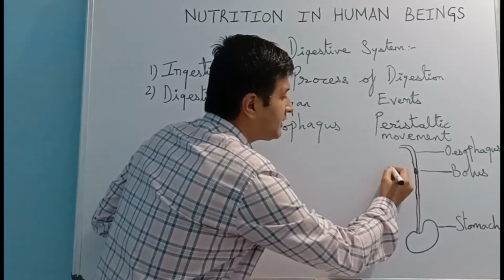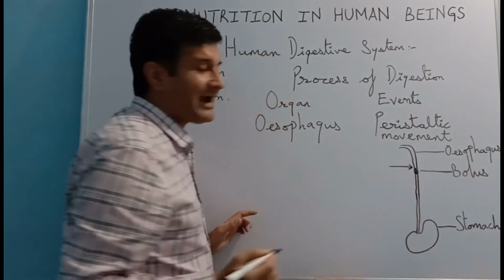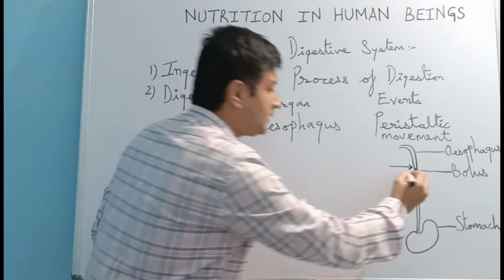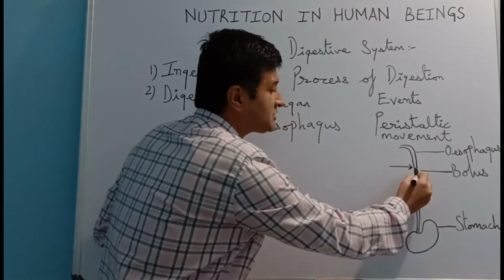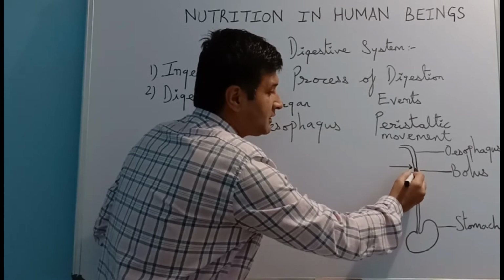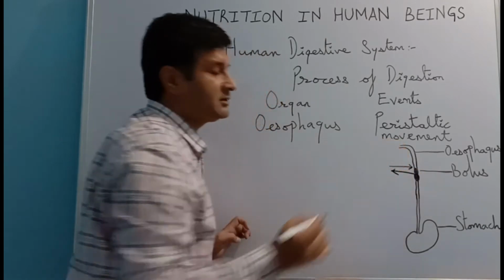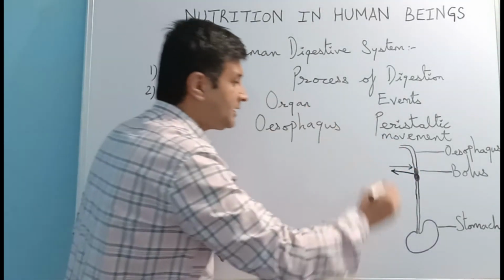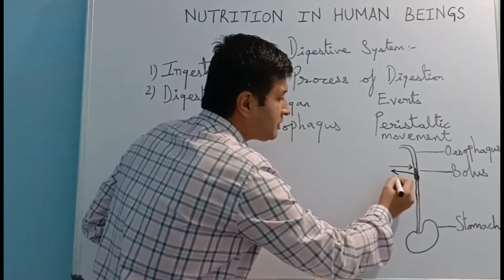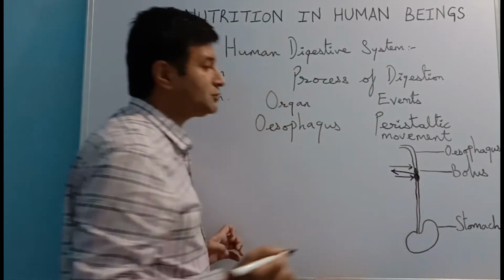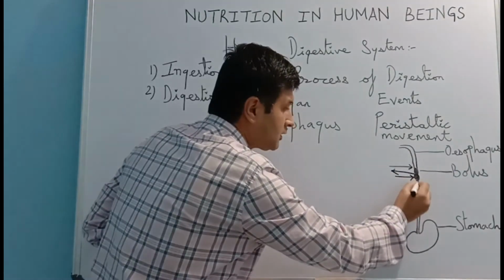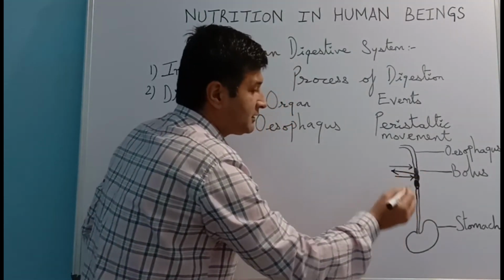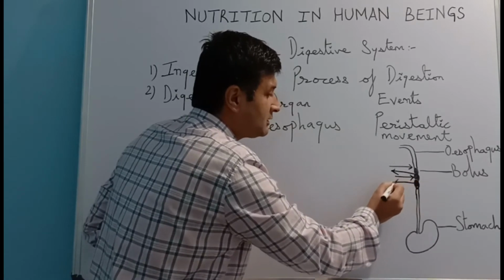The muscles over here contract, pushing the food downward. And as the food reaches over here, then it is relaxed. And further, the muscle over here undergoes contraction, pushing the food down, and then it undergoes relaxation.